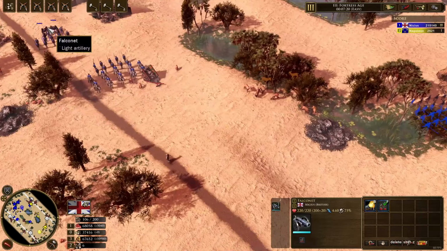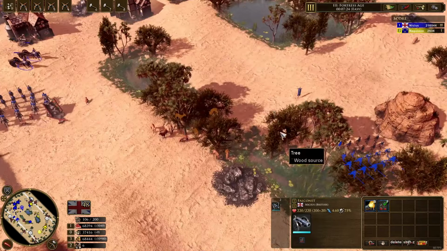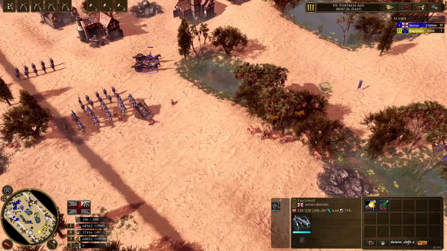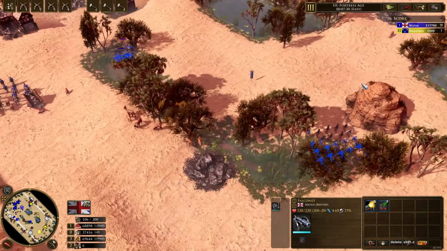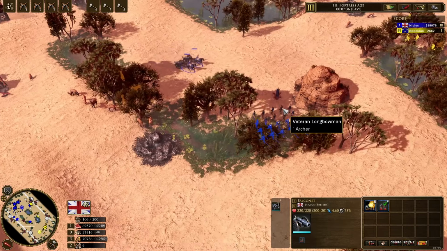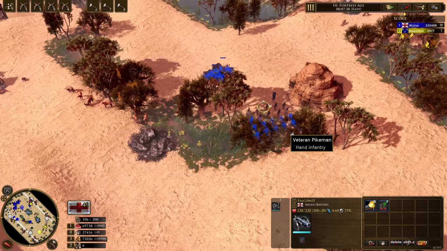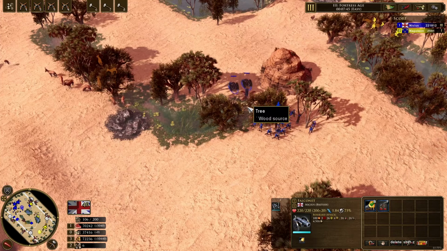The best example would be Falconets, since they are very high value units which can turn the tide in battle for the better or the worse, depending on how well you can protect them. And these are mostly useful when they are in a choke point. Something like that.